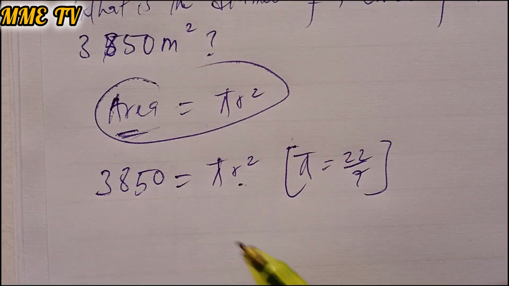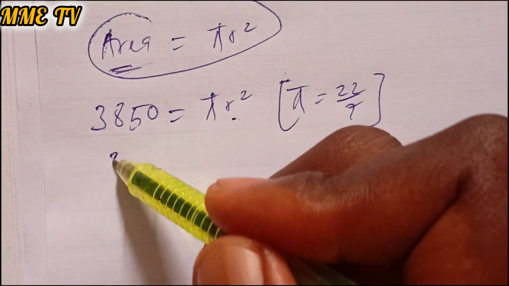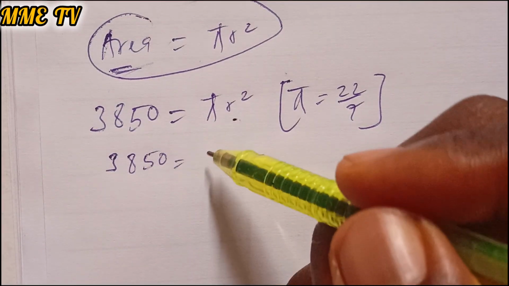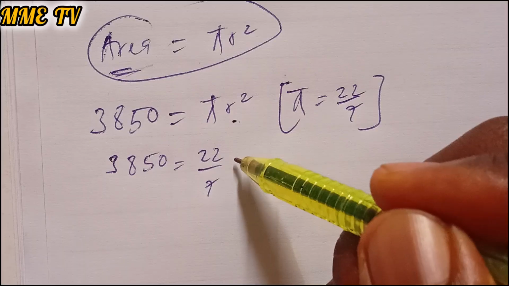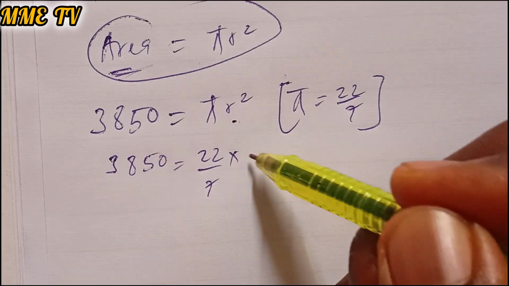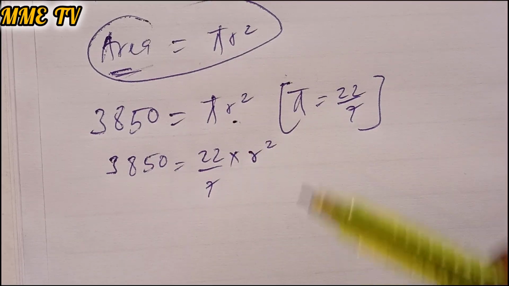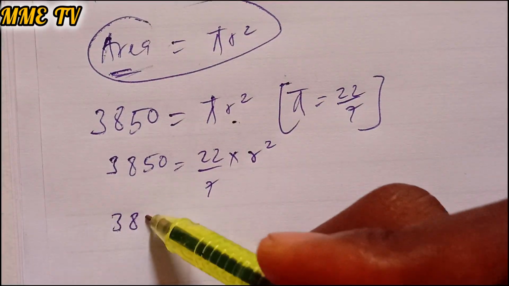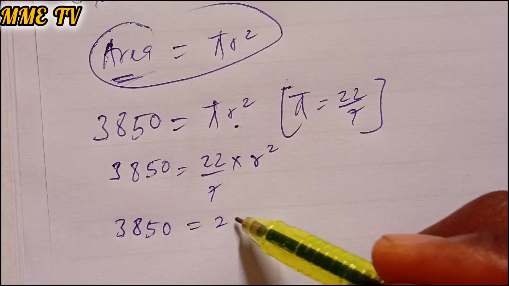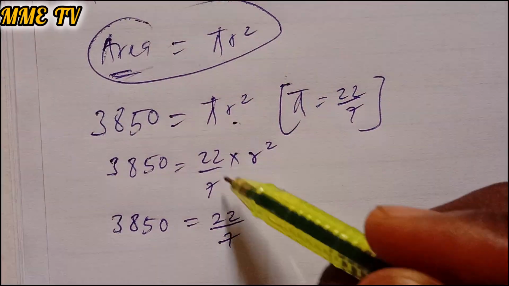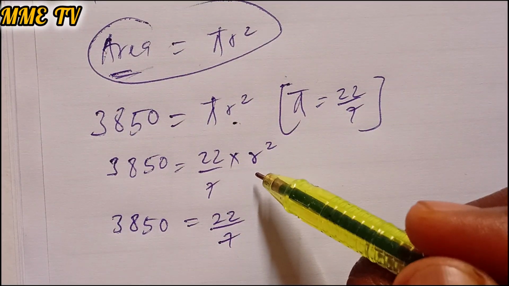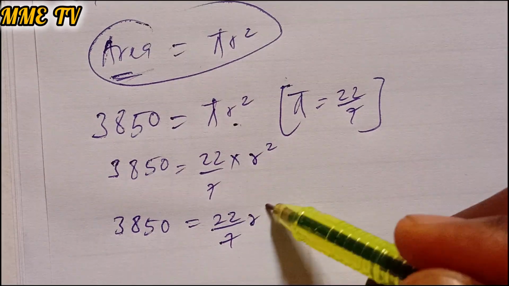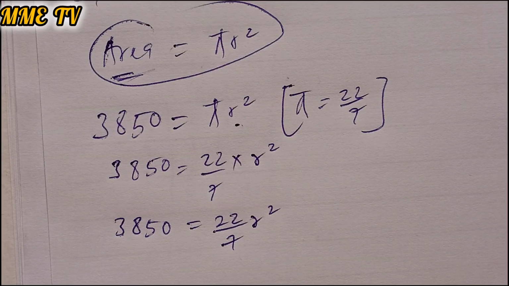We'll simply say that 3850 is equal to 22/7 times r raised to power of 2, which will give us 3850 equal to 22/7 r square. You see what I'm saying now?